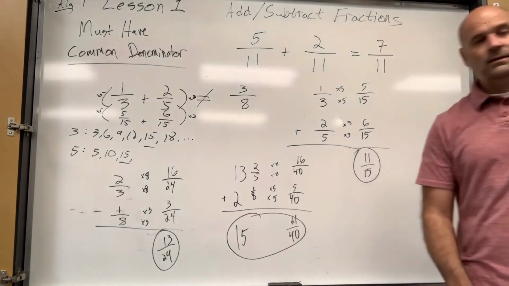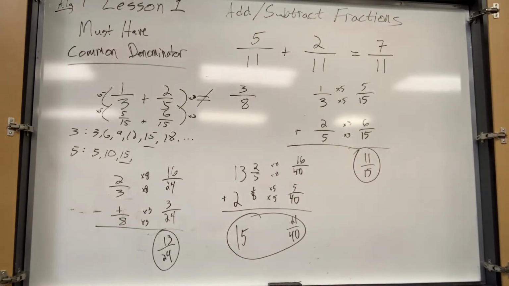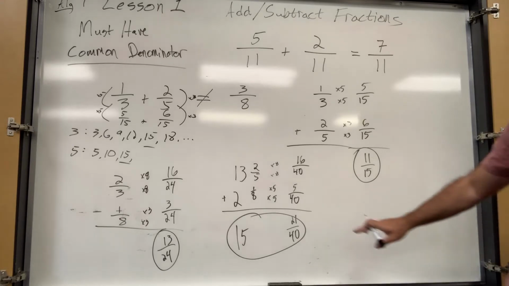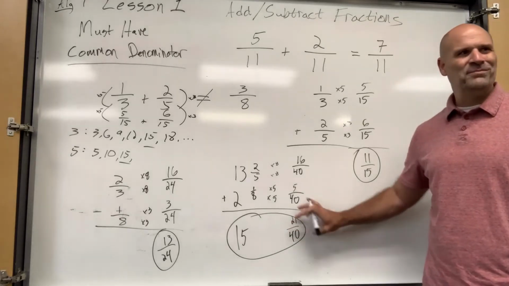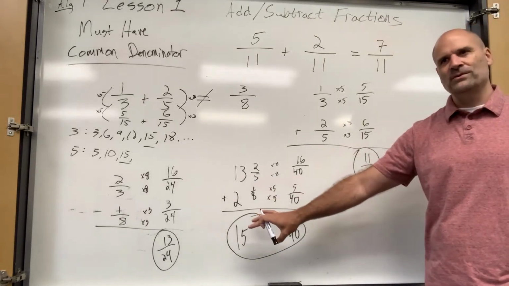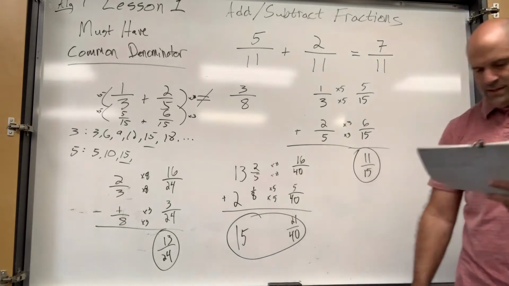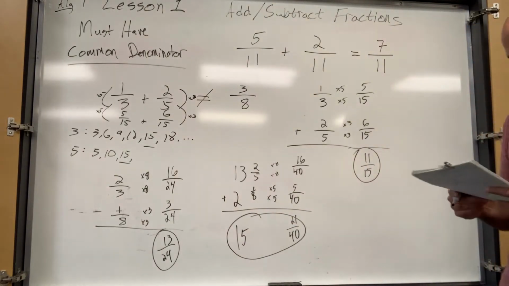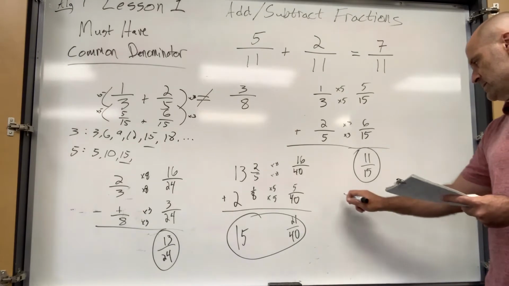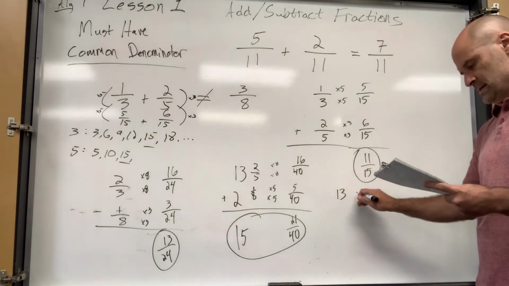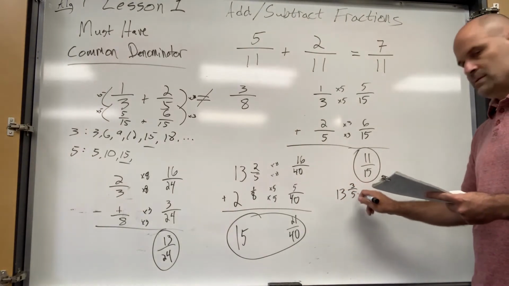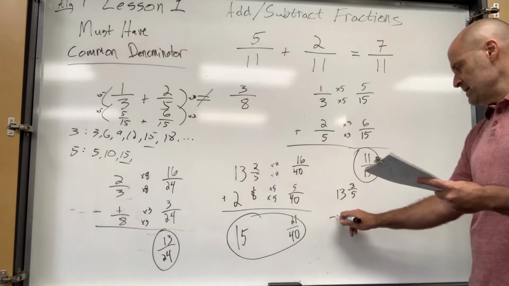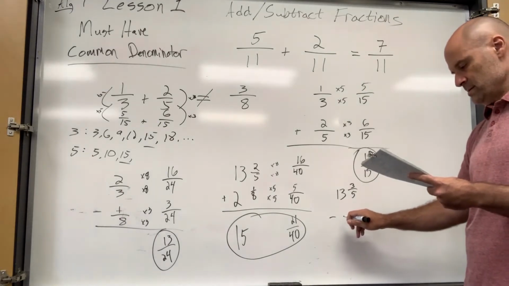Okay. Now that was nice because you didn't have to carry anything, or you didn't end up with an improper fraction where there's a whole number in there that we have to bring over to the whole number side. So let's do one like that. Let's try 13 and 3/5 minus, we'll subtract.